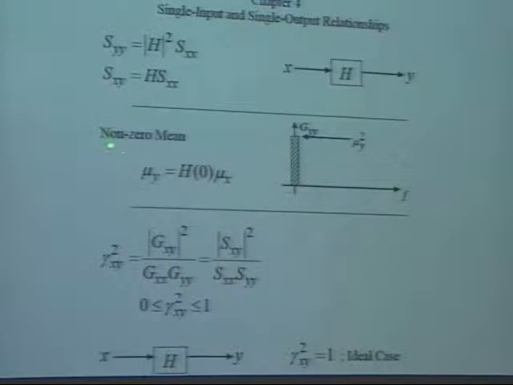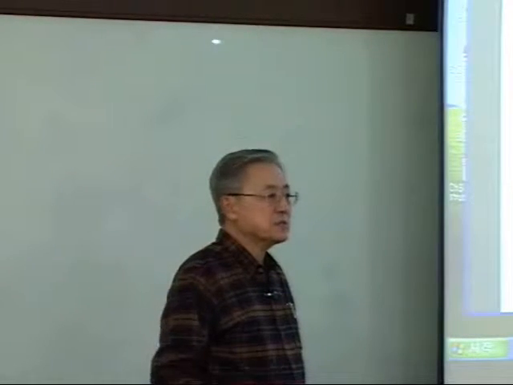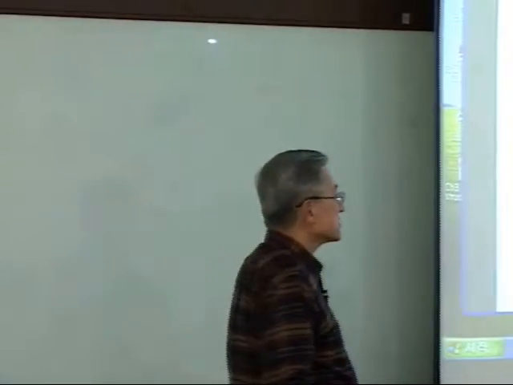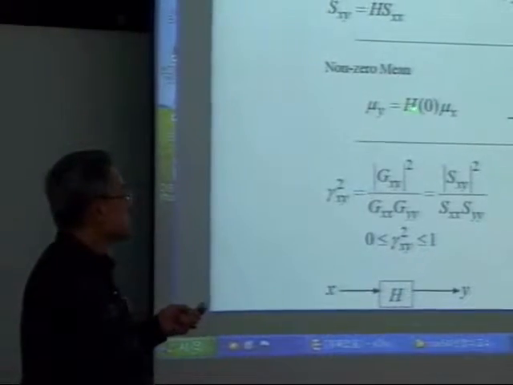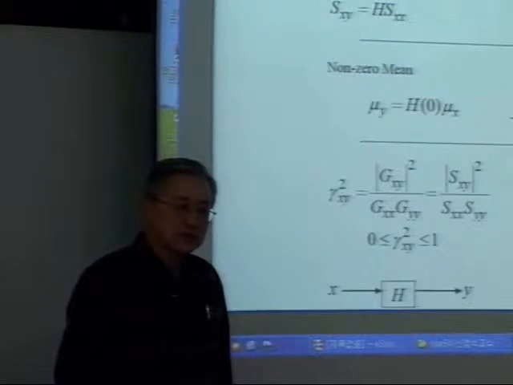And this is how to handle the non-zero mean value. You have an excitation which has a non-zero mean, mu_x is not equal to 0. Then when it goes through the system H, how do you compute mu_y? I'm not asking you to remember, but this is the mean value of the response.